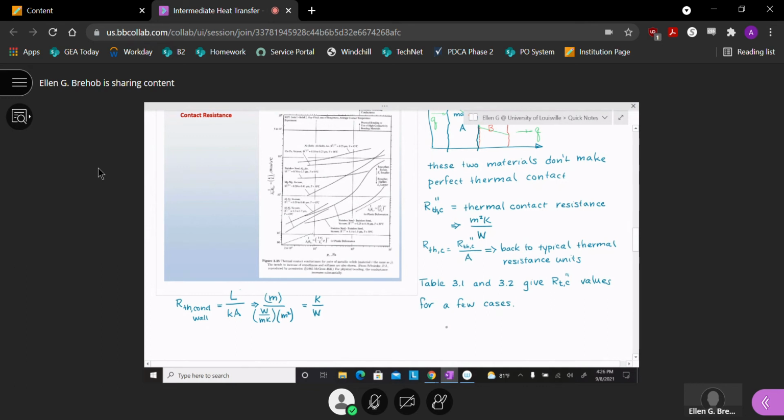Okay, so this is an example. This is for two copper slabs put together, and there is a vacuum between them. So there's not air in that gap. There's not a fluid in the gap.